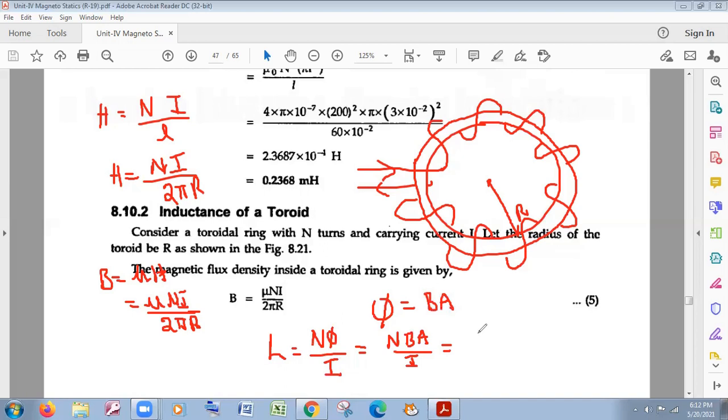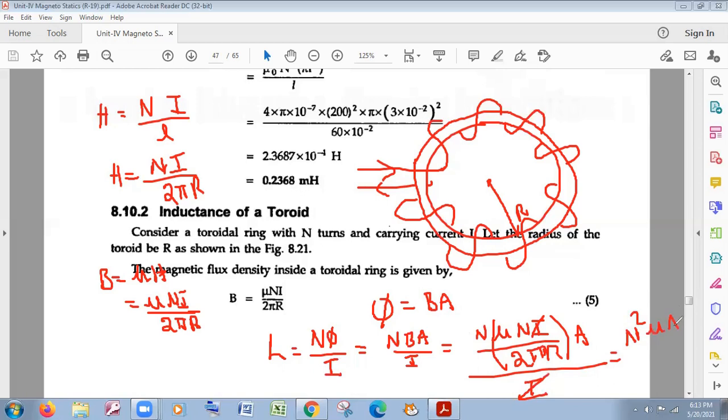Substituting here, N into mu N I by 2 pi R into A by I. So I gets cancelled, and N into N becomes N square mu A by 2 pi R, which is the inductance of the toroid ring.